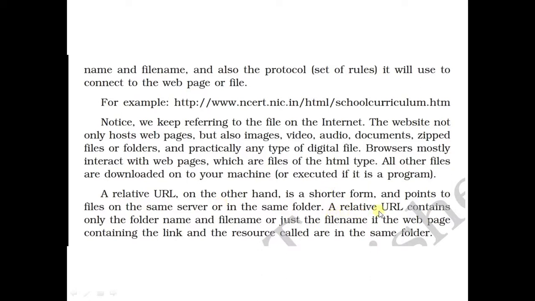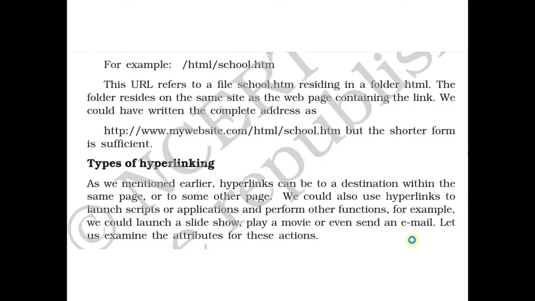So a relative URL contains only the folder name and file name, or just the file name if the web page containing the link and the resource called are in the same folder. I will tell you how one is relative and one is absolute. For example here, HTML folder and school.htm. It is not a complete URL because it has only one folder and then the file name.